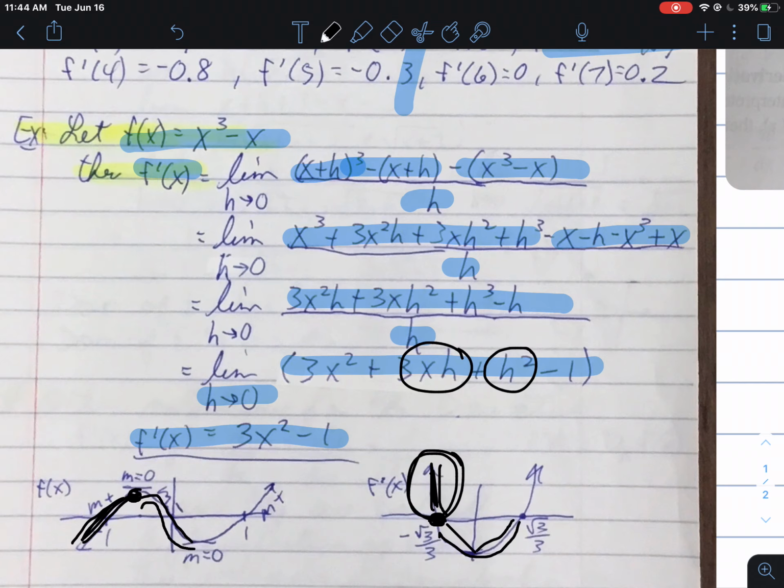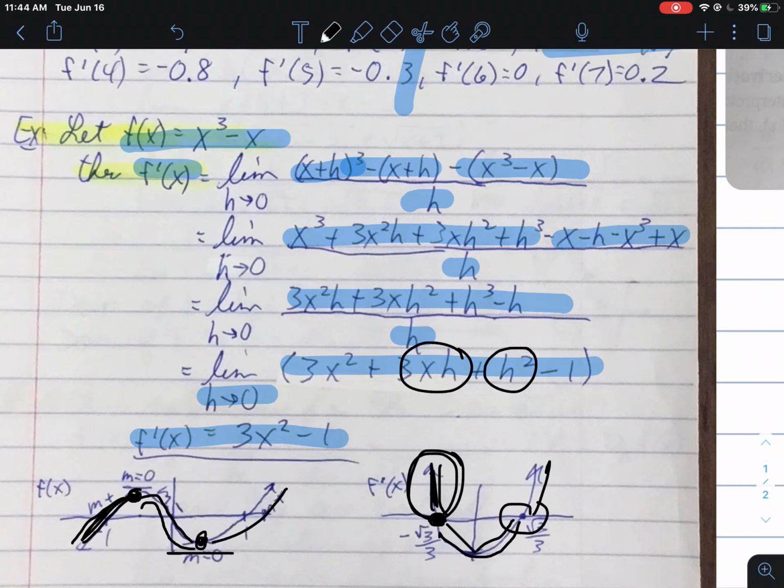So the slope values get smaller, negative. Then we hit that next point where we have another horizontal tangent. So that's where we have another x-intercept on the graph of our derivative. And then we have positive slope from that point forward. So our slope values here now are above the x-axis.